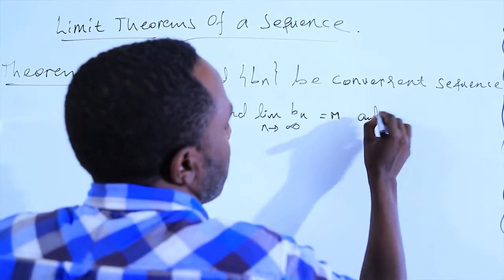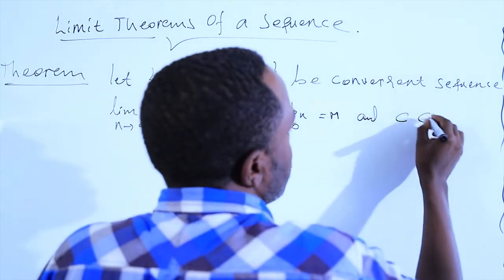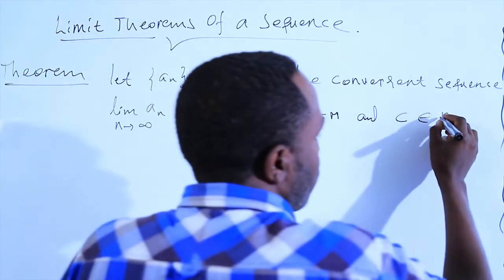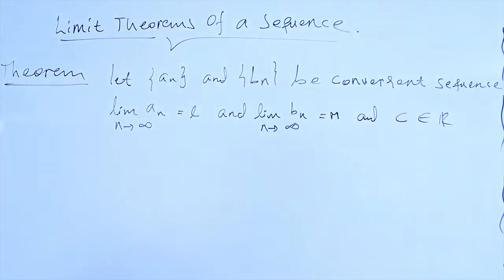And let c be an element of the real numbers. Then we have the following properties for limit theorems.